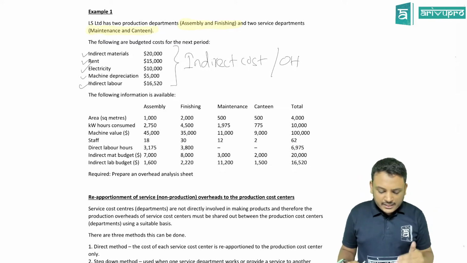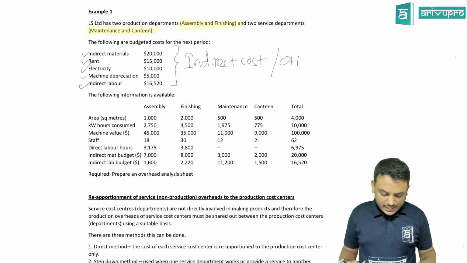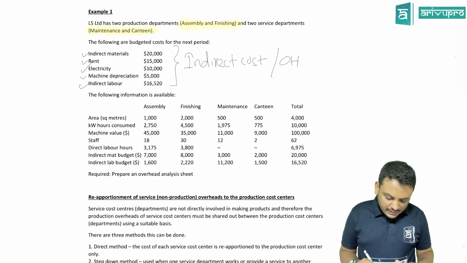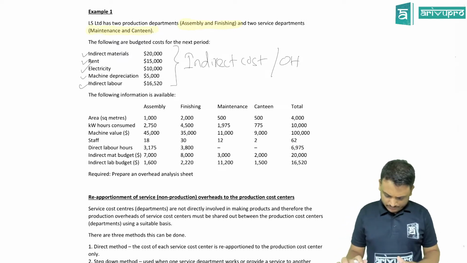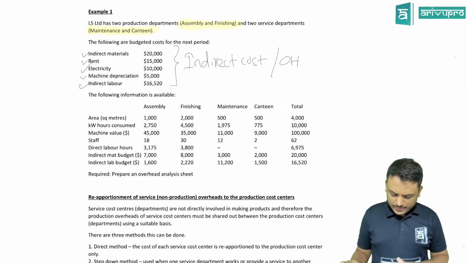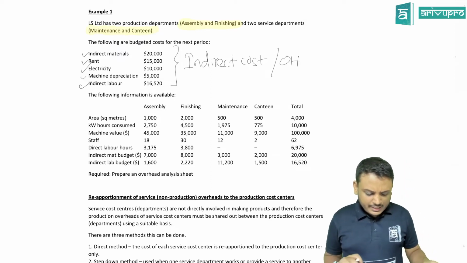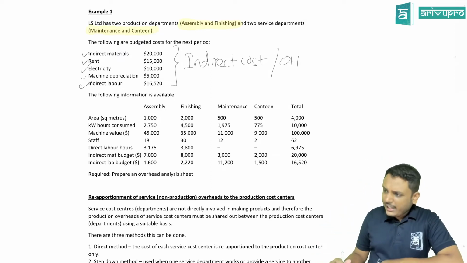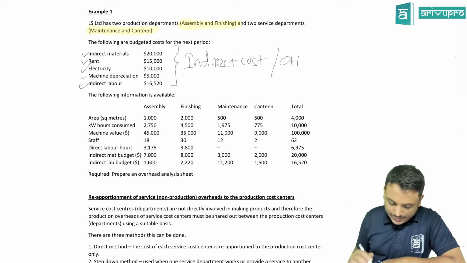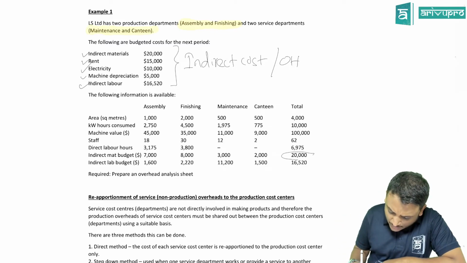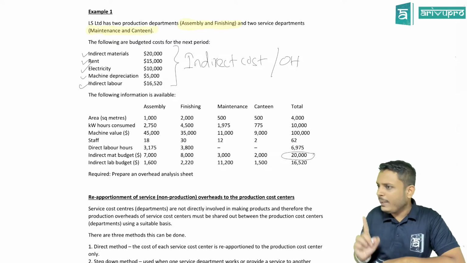If I take the additional information, it says indirect labor hours given, area given, kilowatt consumed given, machine value is given, number of staff given, indirect labor budget and indirect material budget given. So for indirect material, they clearly said this 20,000 is allocated in this way.